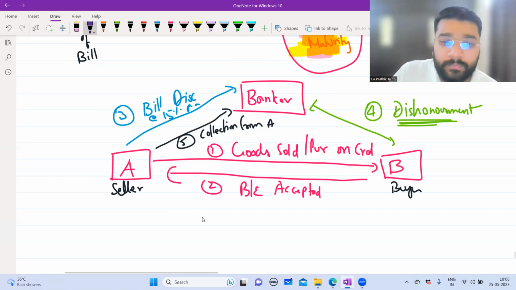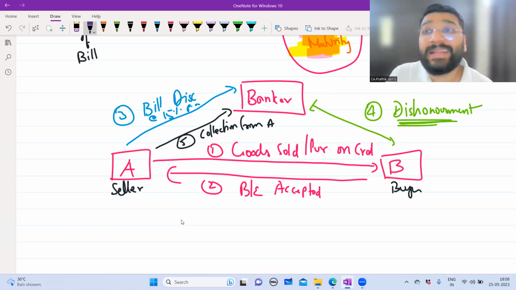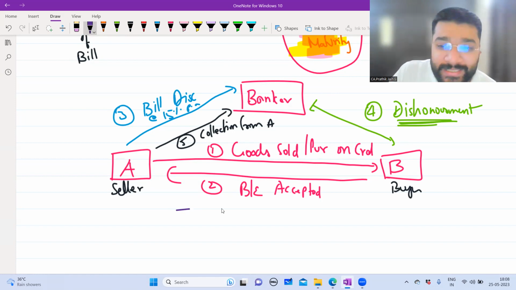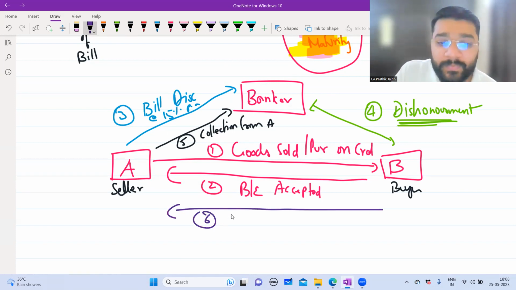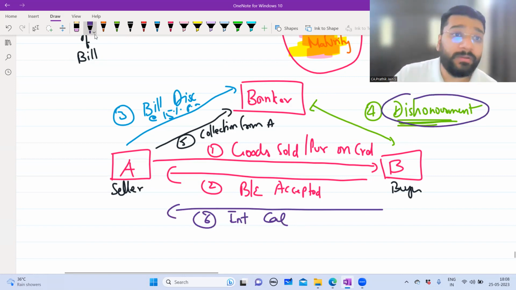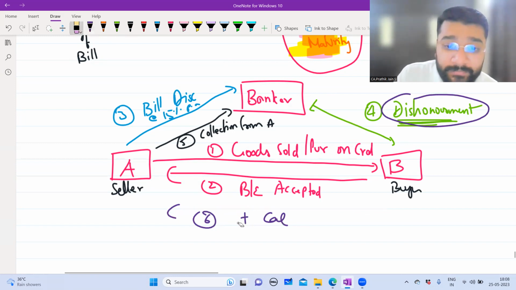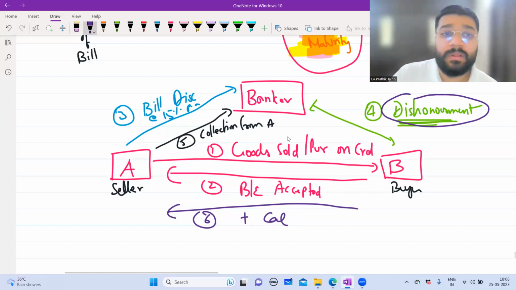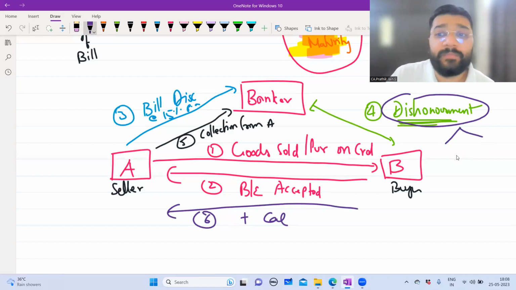A will in turn collect from B. No, before that you have to do the interest calculation. Guys, on dishonorment, two things are happening. One is the bill is cancelled, and second, you're receiving 20,000 payment in cash.